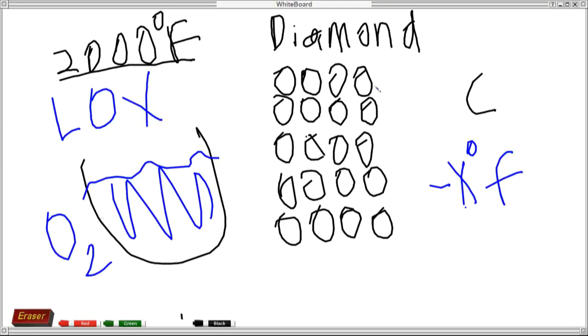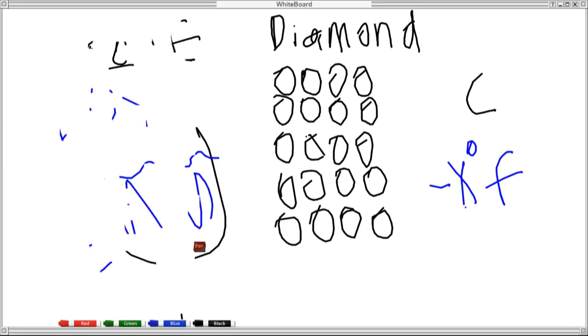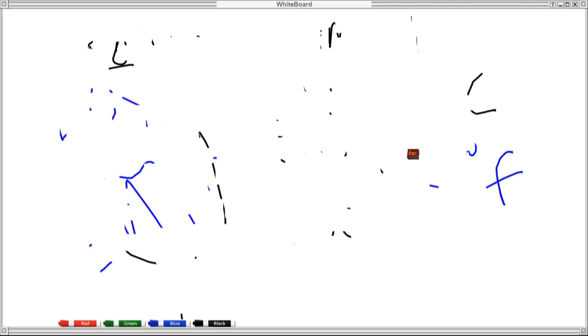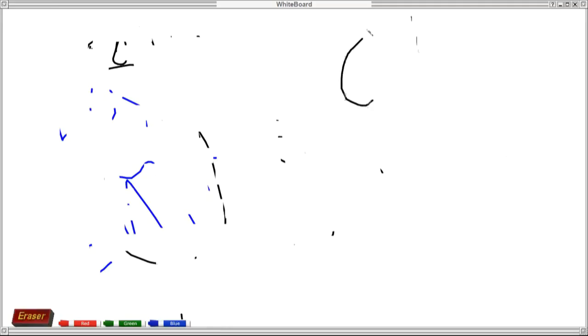Okay, so what happens is that you dump it in there, and the diamond ends up getting oxidized. Okay, it ends up getting oxidized, and eventually it dissolves into carbon dioxide or CO2 or carbon monoxide. Either one of those.